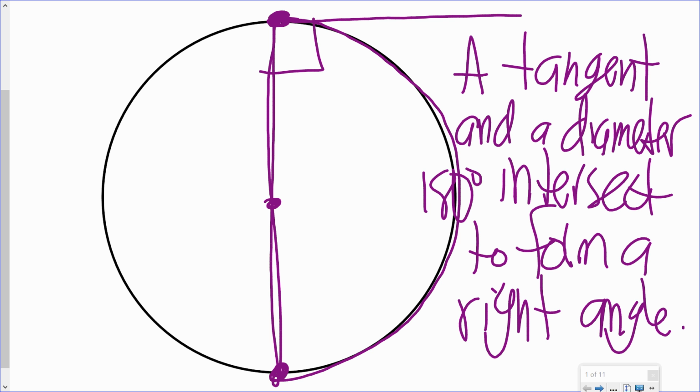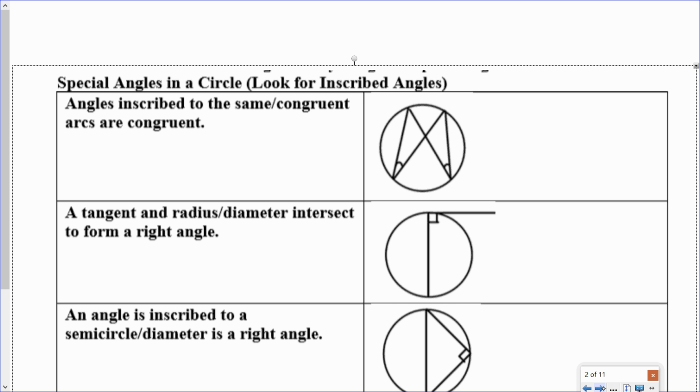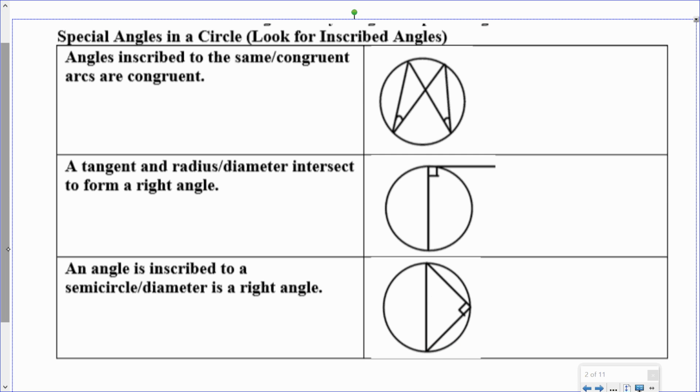They all deal with angles that are on the circle. So the three of them are all listed here. And again, notice that they all have to do with angles where the vertex is on the circle. That's why we always want to look for inscribed angles. You always want to look for angles that are on the circle, and then it's all about the intercepted arc. If they intercept the same arc, they're congruent. If they intercept an arc of 180, then they're 90 degrees.